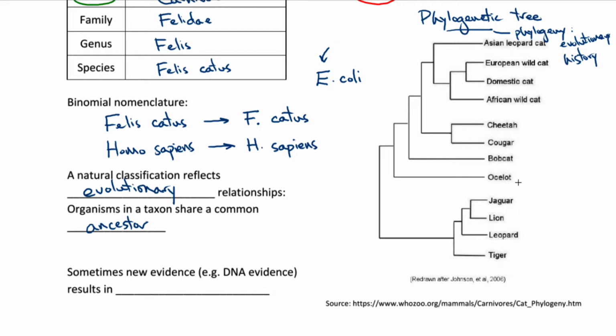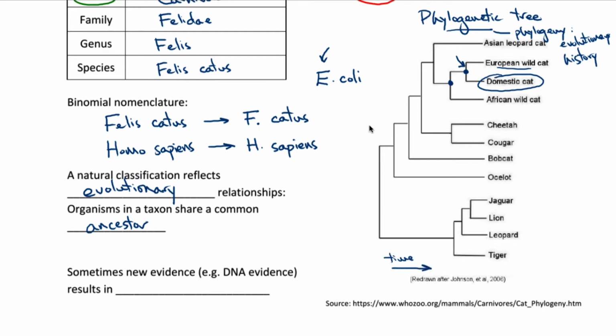Here's one for the cat family, and we see the domestic cat here. The domestic cat shares a common ancestor, that would be right there, with the European wildcat. And then they share a common ancestor here with the African wildcat. Each of these branching points represents a speciation event and a common ancestor of everything that comes to the right. So time is going in this direction here.